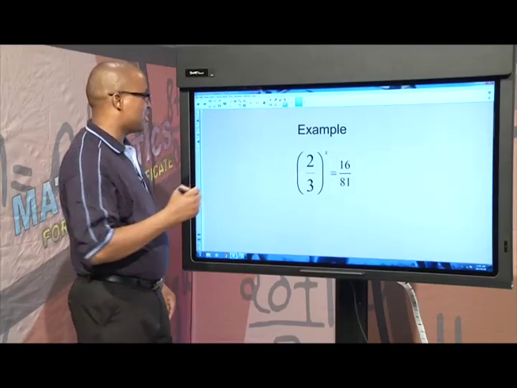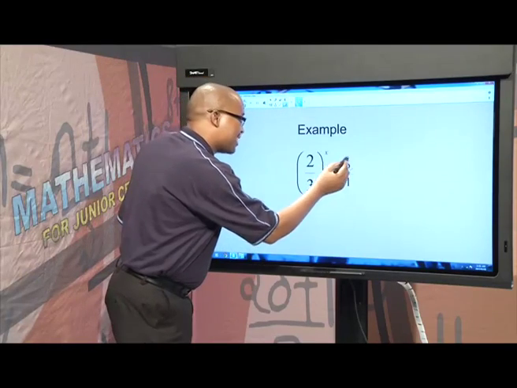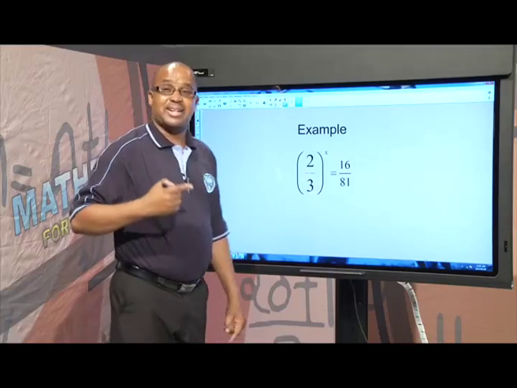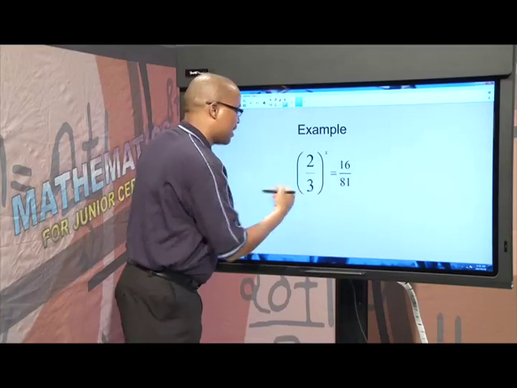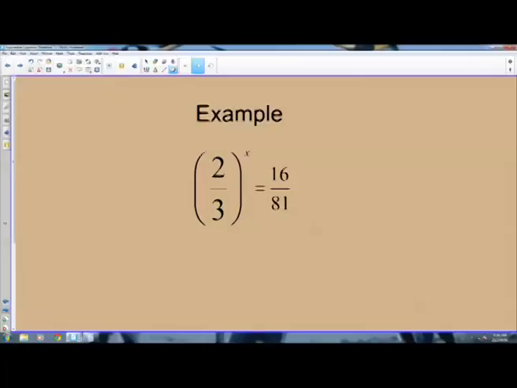So this simply means we are to write 16 using base 2 and write 81 using base 3. So this will be 2 over 3 all raised to the power x equals 16 using base 2, which is 2 to the power 4.